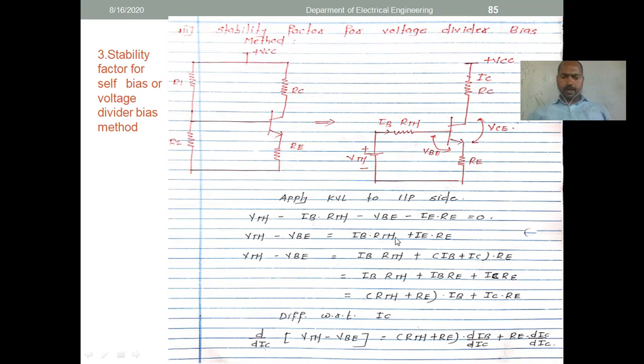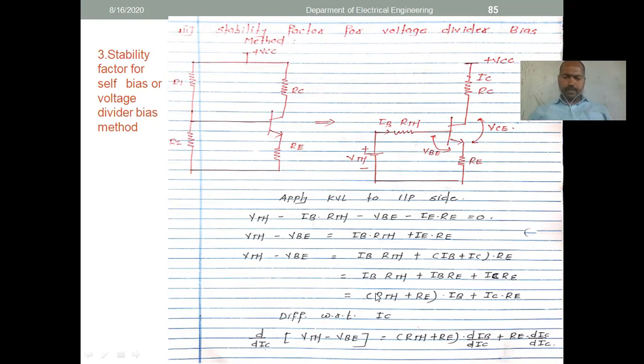See, the current flowing through this is nothing but IE into RE. It should be taken as IB plus IC. So IB into RTH, and IE into RE should be IB plus IC into RE. This should be the value because we know that I equal to IB plus IC, right? So IB into RTH as it is. IB multiplied by RE is nothing but IB into RE. IC multiplied by RE is nothing but IC into RE.